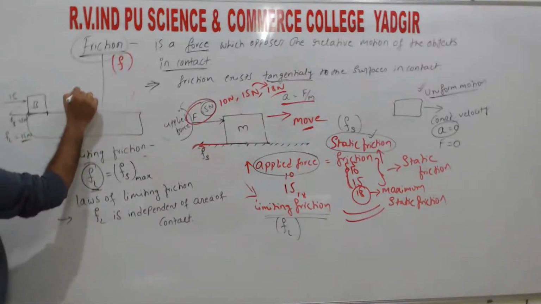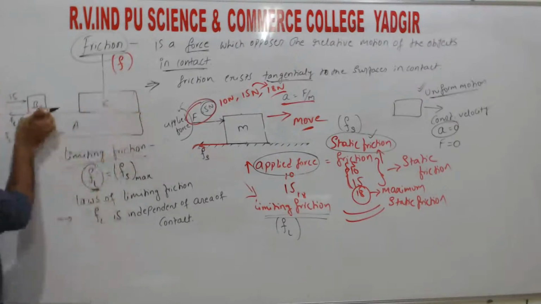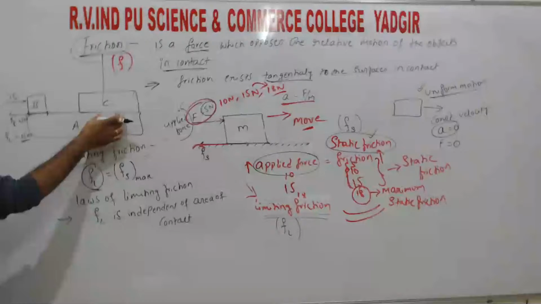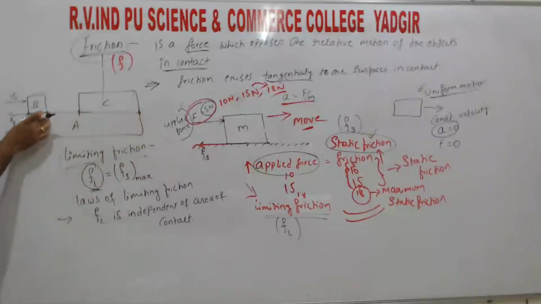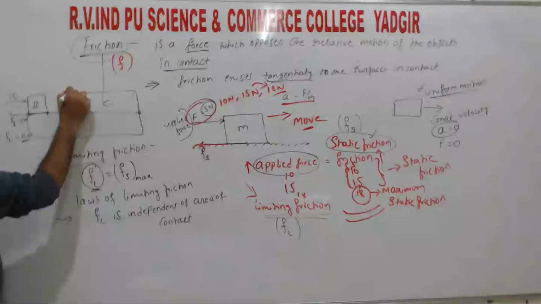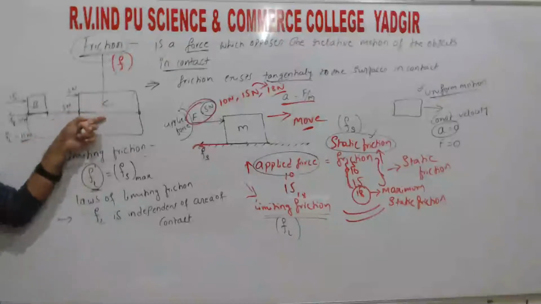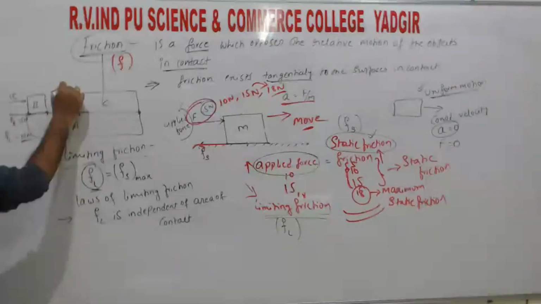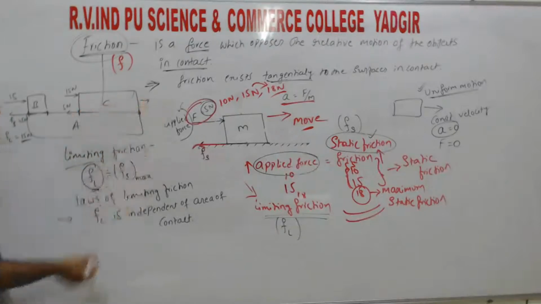Similarly, if I place object C here, compare object B with object C. The area of contact between C and A is greater than the area of contact between B and A, right? Here also I apply some 5 Newton force on object C. The same 5 Newton of frictional force is produced between C and A. The object C starts to move, right?